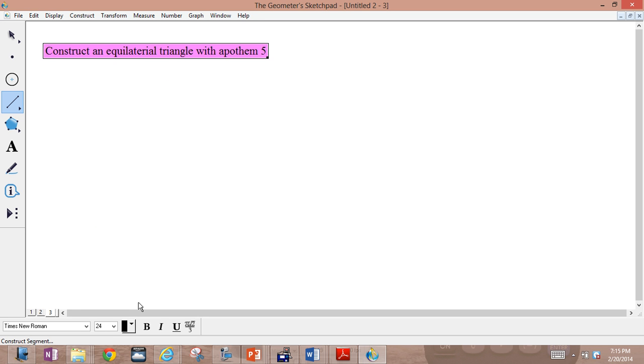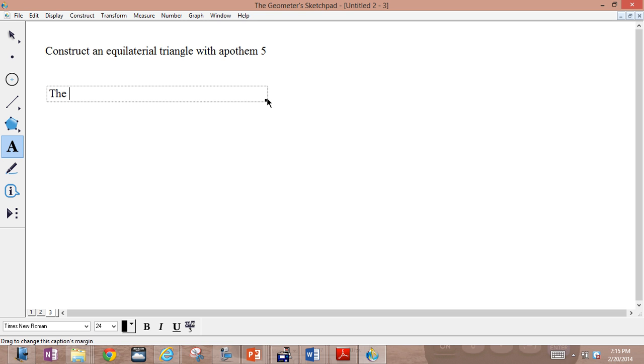The last construction is to construct an equilateral triangle with an apothem of 5. Again, what do we mean by the apothem? The apothem is the radius of the inscribed circle.